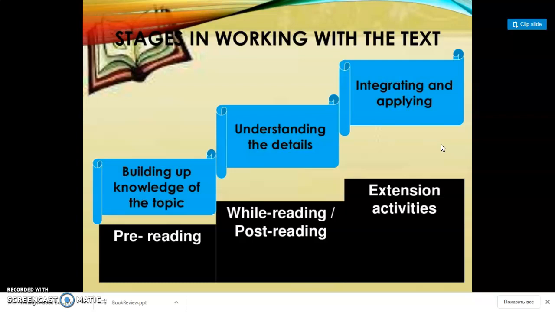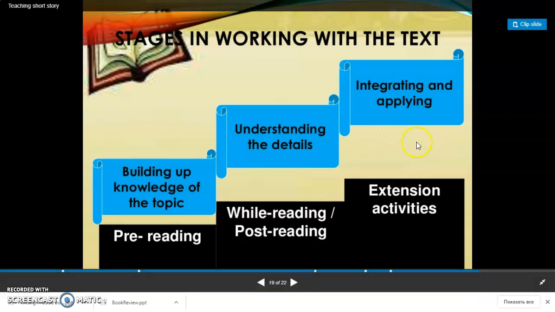While reading, it's important to go deep, not only into the meaning but also paying extra attention to the vocabulary. And the last one, integrating and applying. This is connected with extension activities.